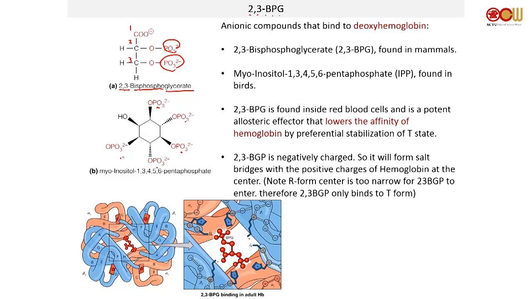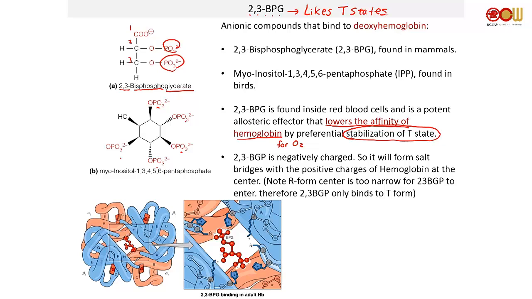Now, 2,3-BPG is found inside the red blood cells, and it's a potent allosteric effector that lowers the affinity of hemoglobin for O2 by preferential stabilization of the T state. So this thing likes the T state.